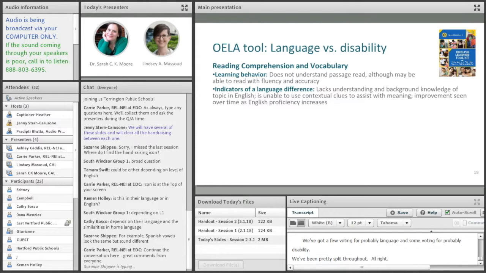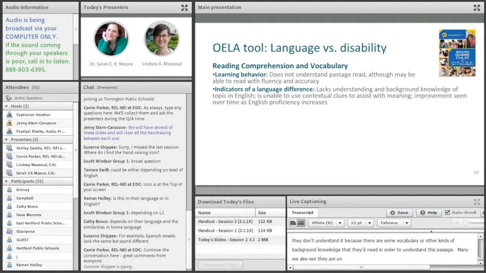All right, so we might think it's a language difference if we also see that the student doesn't have the background knowledge for the topic. So maybe they just don't know about the topic, and so they don't understand it because there's some vocabulary or other kinds of background knowledge that they'd need in order to understand this passage.